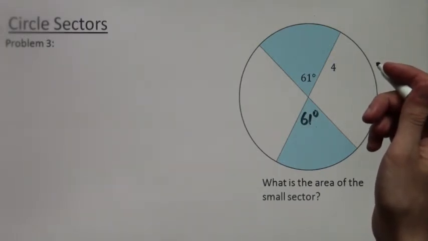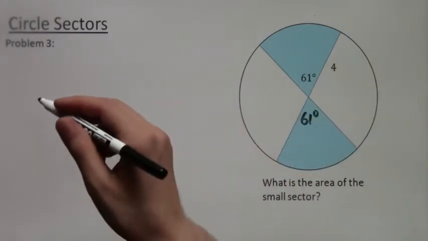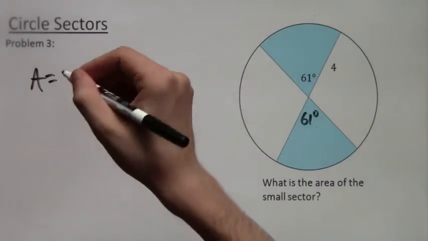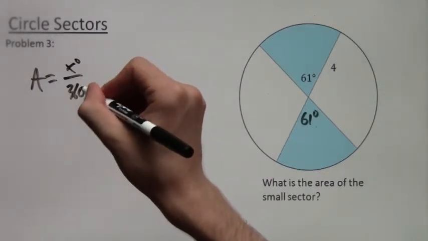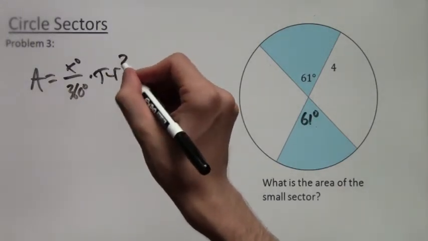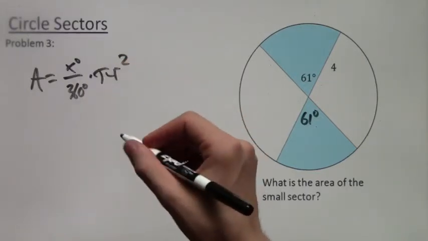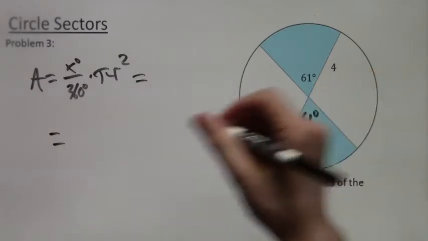And actually what that means is that you could pretend that the highlighted area is one big sector, and that big sector, not a major sector, but that big sector would have 61 plus 61 degrees, so 122 degrees as its angle. Just imagine that you take one of those highlighted regions and rotate it over and join it to the next one.